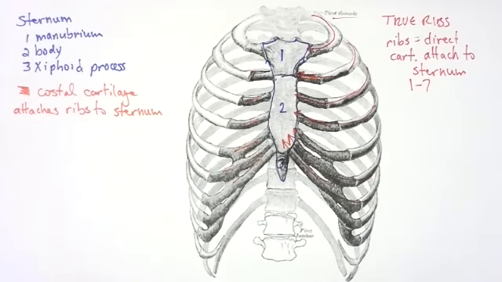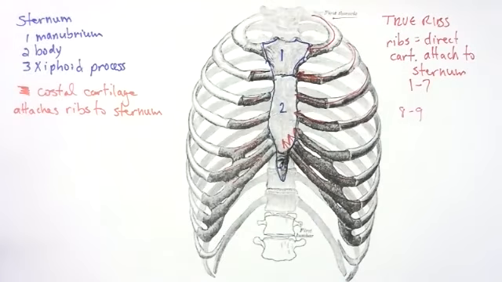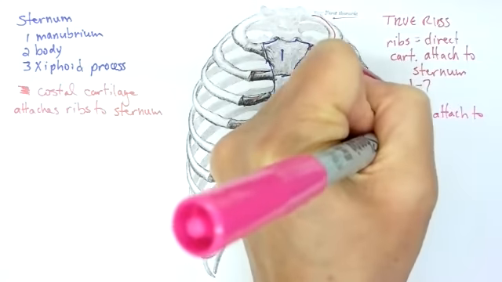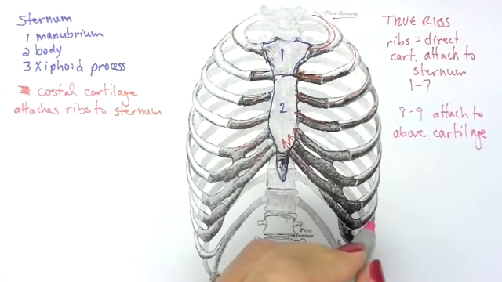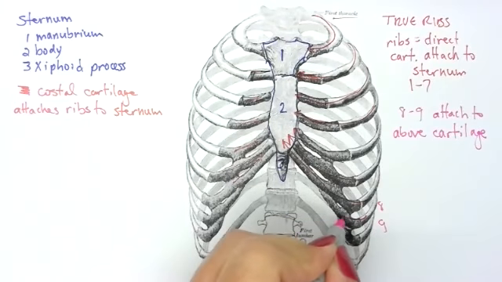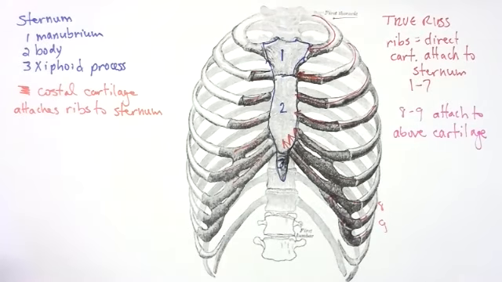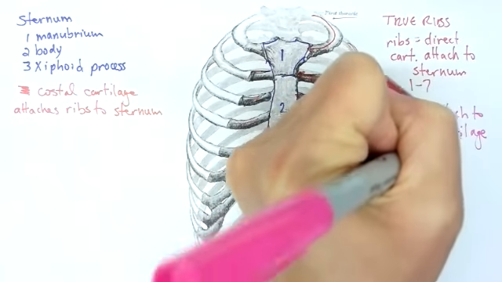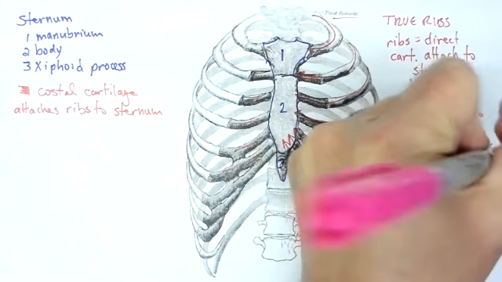Ribs 8 through 9 attach to the cartilage above. So if you look at rib number 8 and rib number 9, this cartilage attaches to the cartilage above, and this attaches to the cartilage above. These are called the vertebrochondral ribs, V-E-R-T-E-B-R-O-C-H-O-N-D-R-A-L ribs.